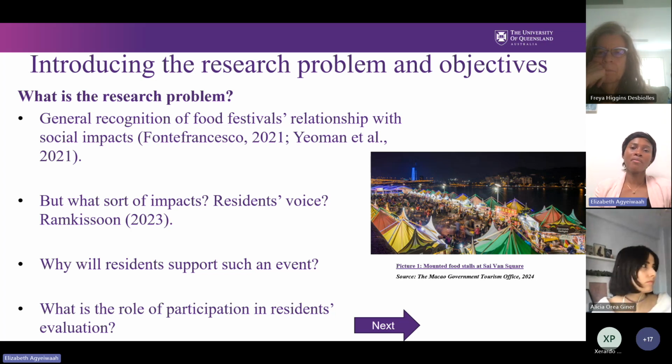But then there is recognition that yes, there is some form of impact that food festivals could bring to a destination. But there are questions: what sort of impacts?